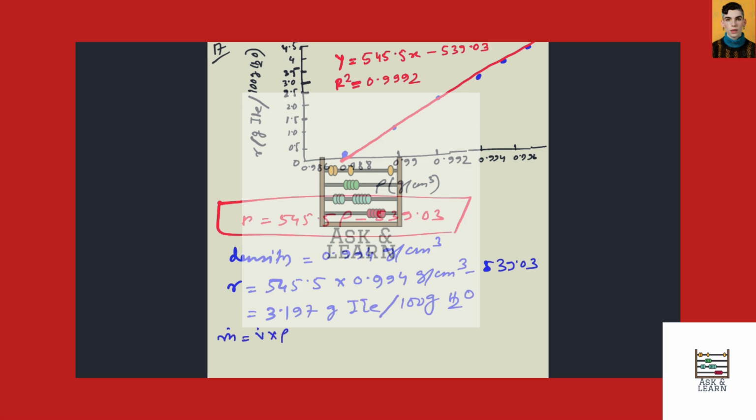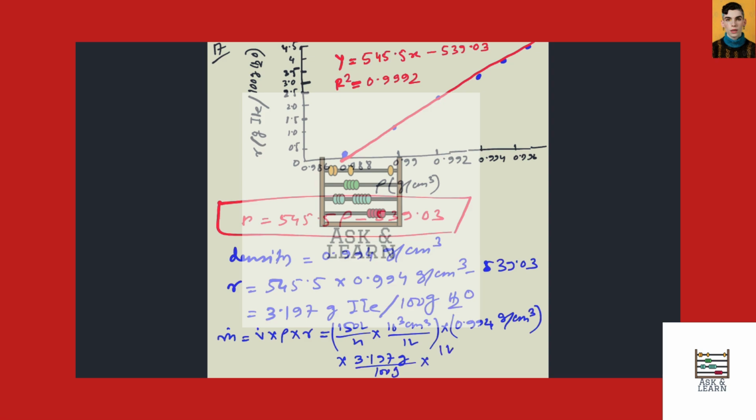The mass flow rate is volume flow rate multiplied by density multiplied by the mass ratio. Volume flow rate is given as 150 liter per hour. Let's convert it to centimeter cube: 10^3 centimeter cube divided by 1 liter. The density is 0.994 gram per centimeter cube, and the ratio is 3.197 gram of isoleucine divided by 100 gram of water.